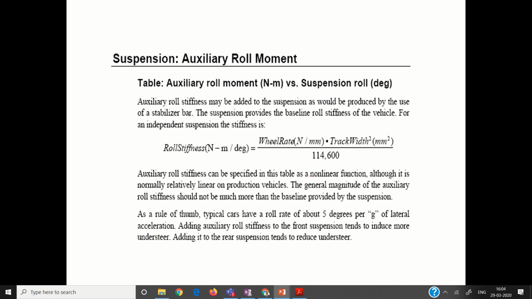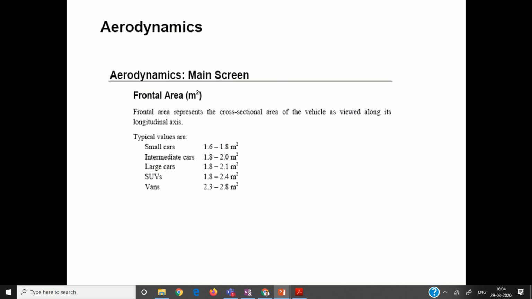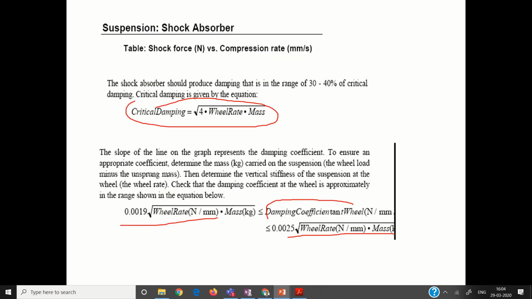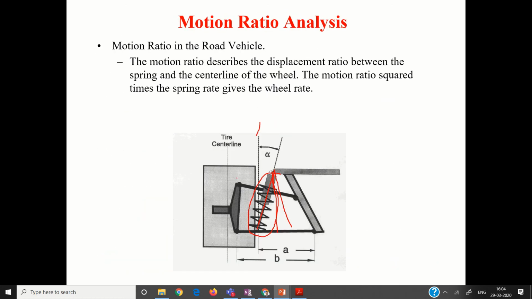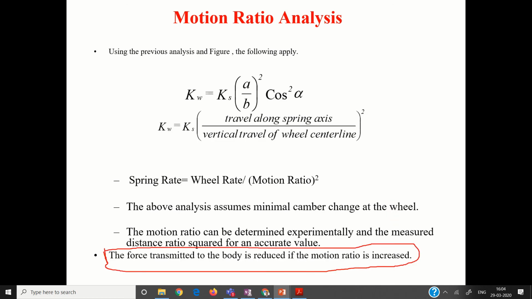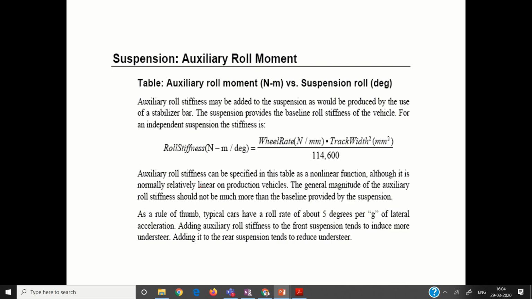Again, roll stiffness. The springs should not only do this, they should also provide the roll stiffness. So these are all the things where exactly the roll stiffness value should be.